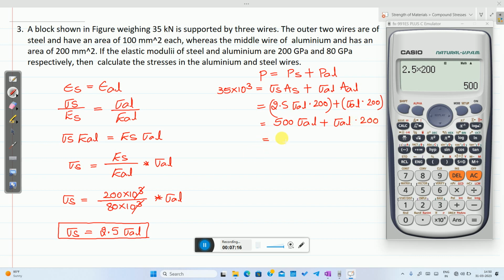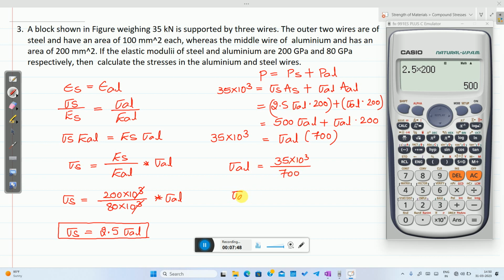So here sigma AL is common, 500 plus 200, so you will get 700. So here it is 35 into 10 raised to 3. So now sigma AL can be calculated. So sigma AL equals 35 into 10 raised to 3 divided by 700.